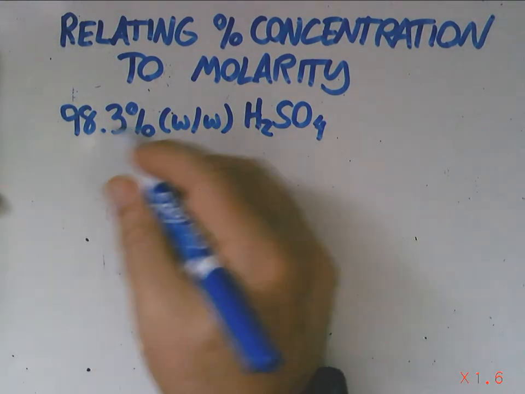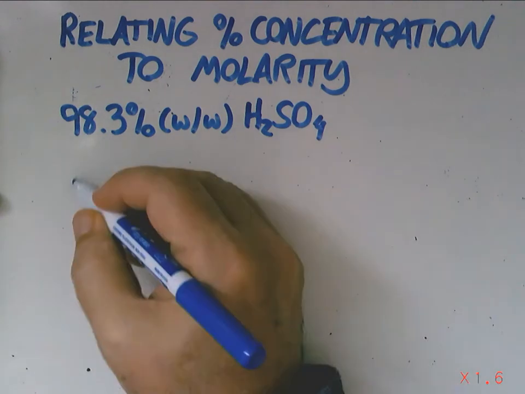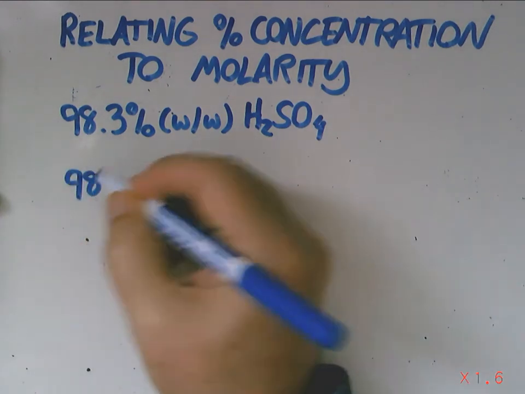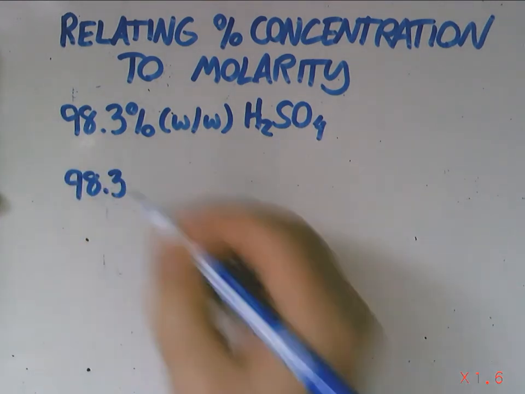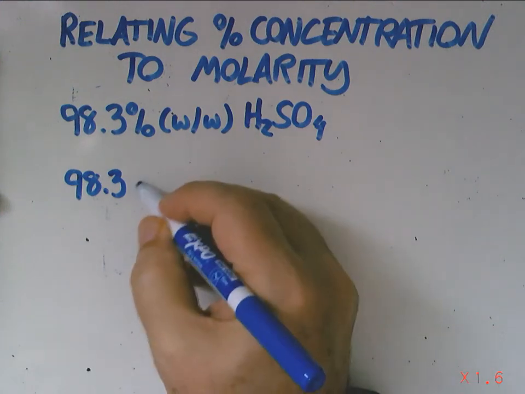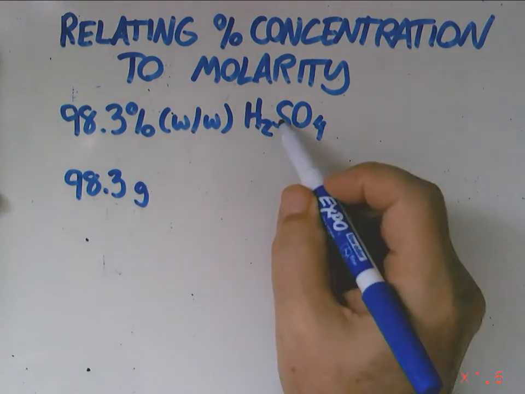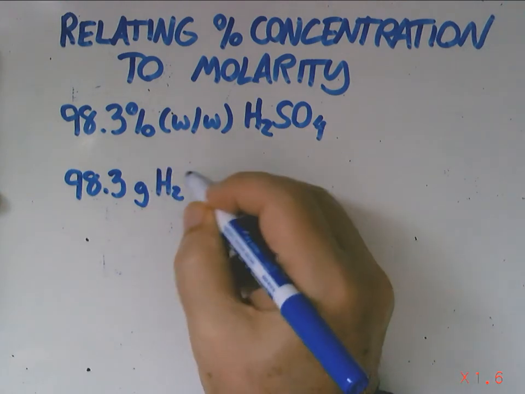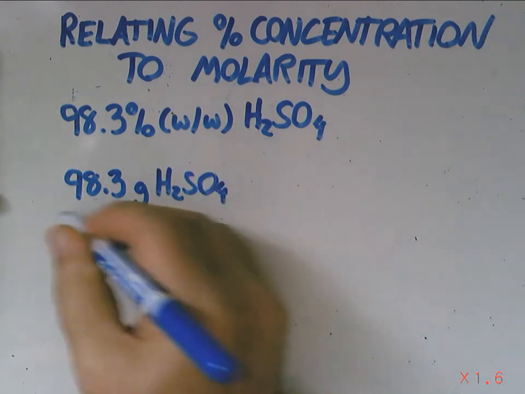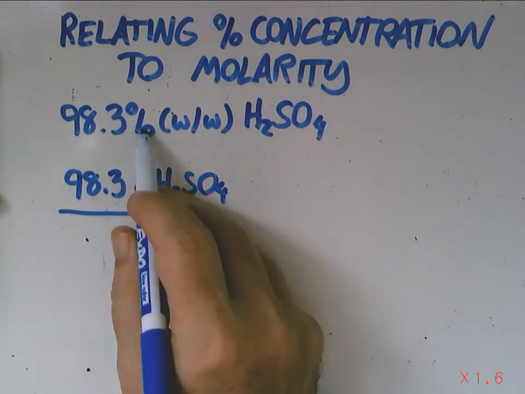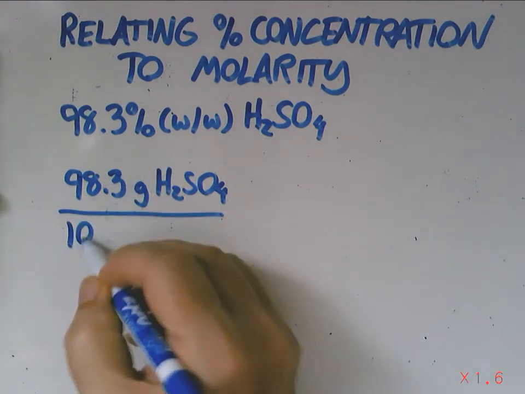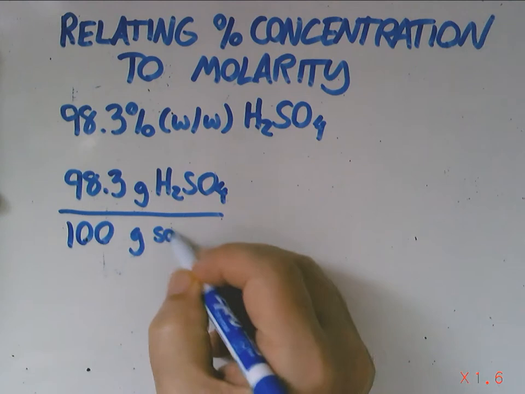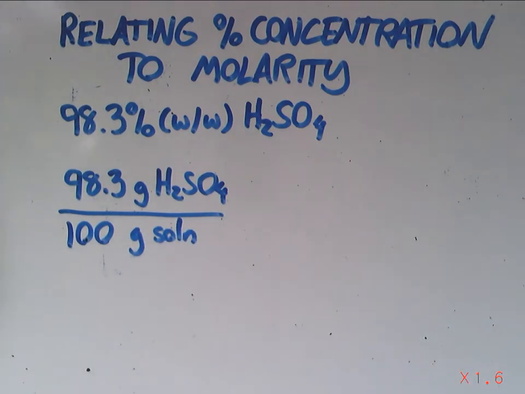Well, let's write this down without the percent sign. That'd be step 1. And I'm going to put grams of H2SO4 because I have a weight there, per 100 grams of solution, the concentrated sulfuric acid solution.